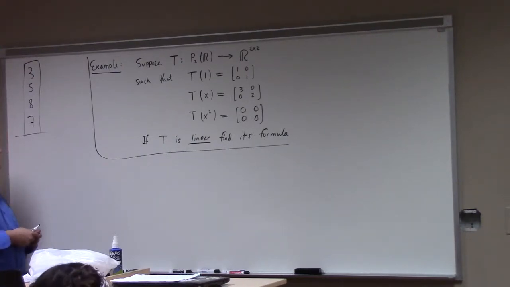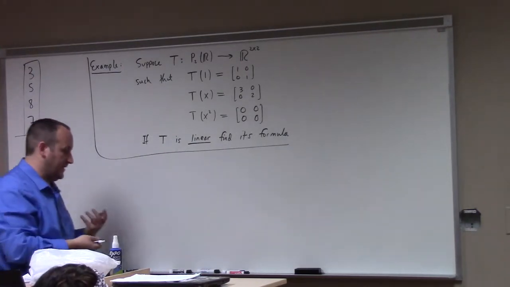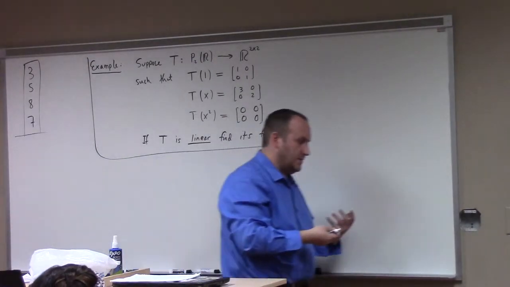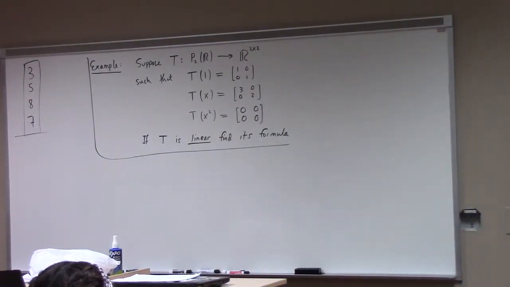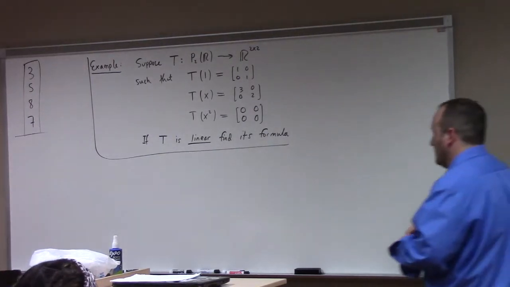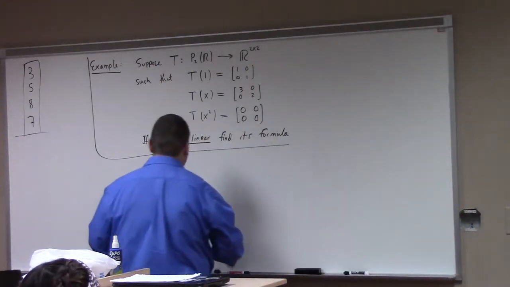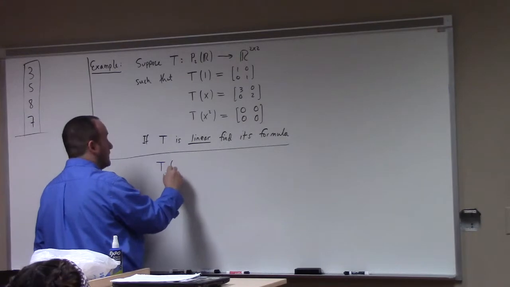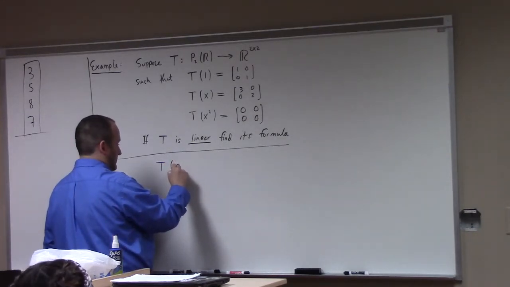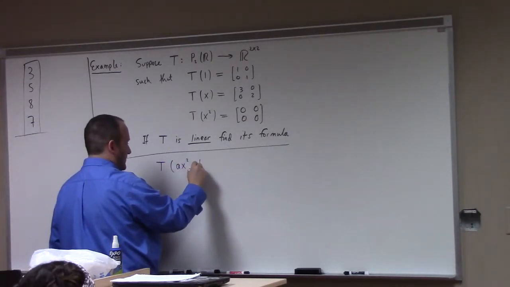This is an example of the theorem that I'm about to prove for you: if we have a function which is defined on a basis for a vector space, then there's a unique linear extension of that function to the whole vector space that makes it a linear function. Why is that? Well, what's a typical thing in P2(R)? I heard ax squared plus bx plus c.